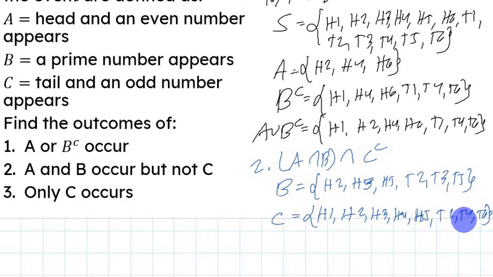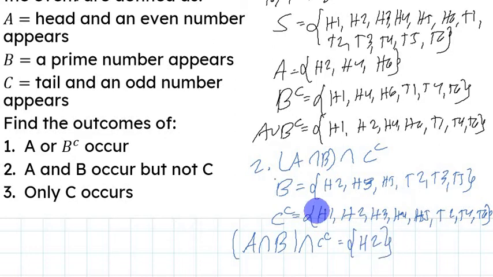Now, we have to find what's common with them. That would be A intersection B intersection C complement. And it's actually just H2 that is common. H4 is common between A and C complement, but not in B. So the outcome of this event is just H2.